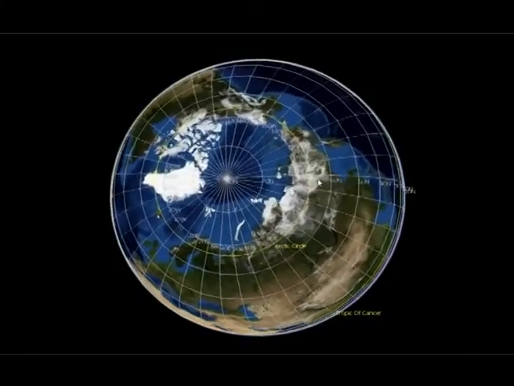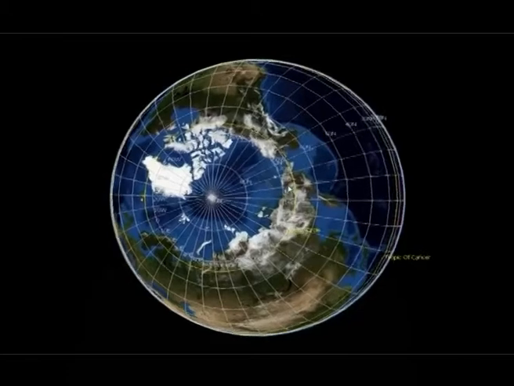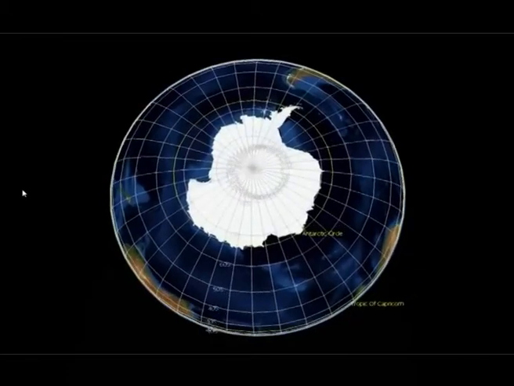The UTM projection is designed to cover the world, excluding the Arctic and the Antarctic regions. Regions north of 84 degrees north and 80 degrees south are mapped with the universal polar stereographic projection.